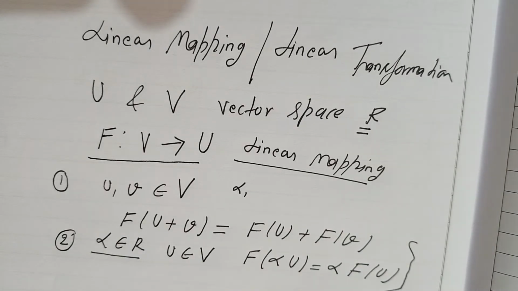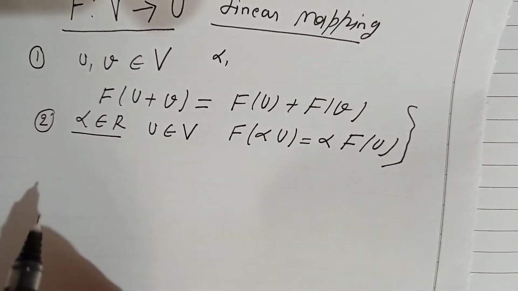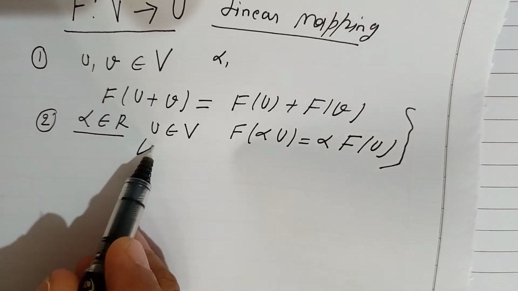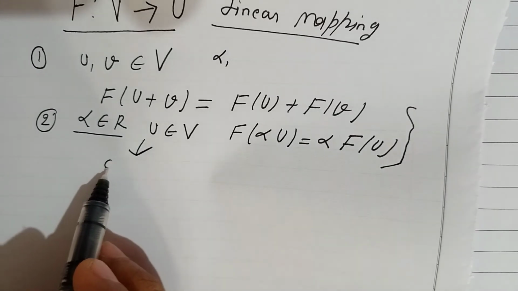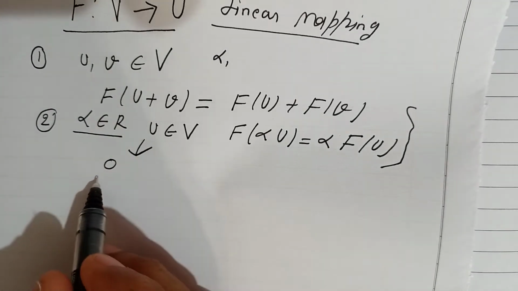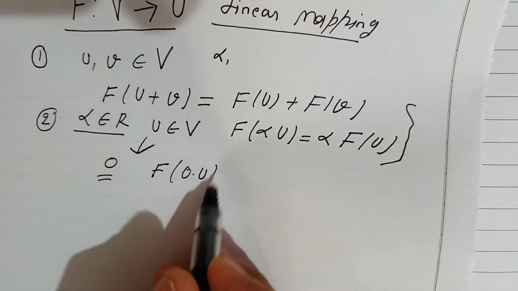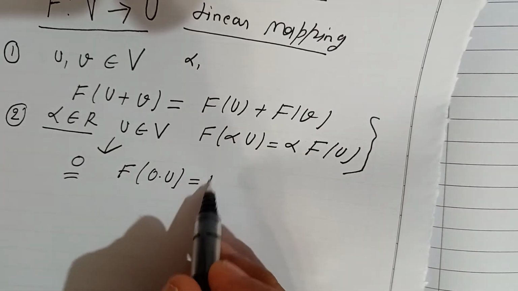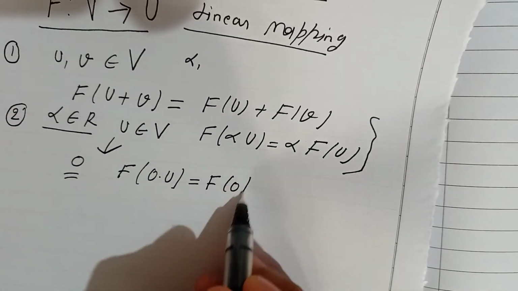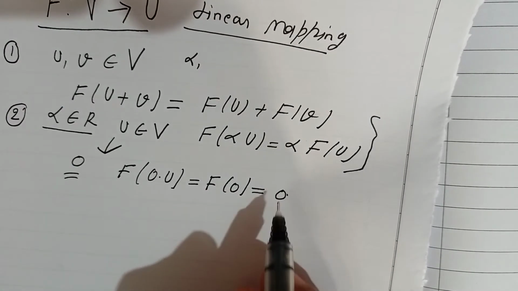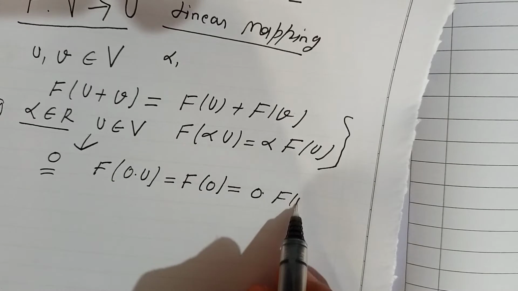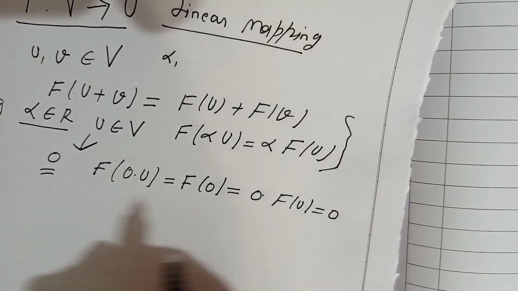Fine. If you see the second property, if alpha is 0, then f of 0 times u, for any vector, will be 0 times f of u, which is equal to 0.